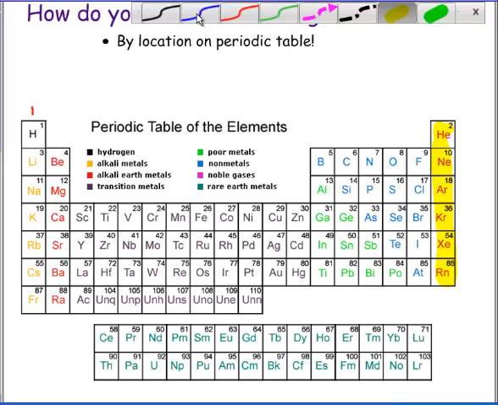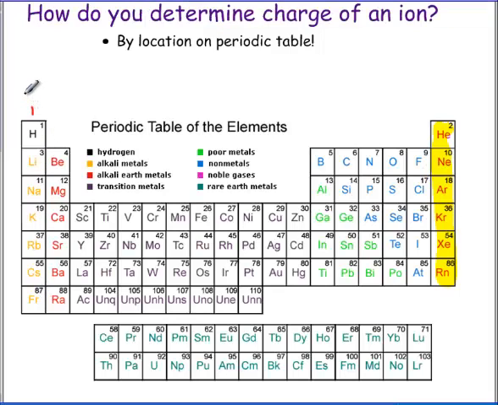So the result is all of these elements in group 1 tend to have a +1 charge. They like to lose one electron. Elements in group 2 have 2 electrons that they like to get rid of, and so they have a +2 charge because they get rid of 2 electrons.